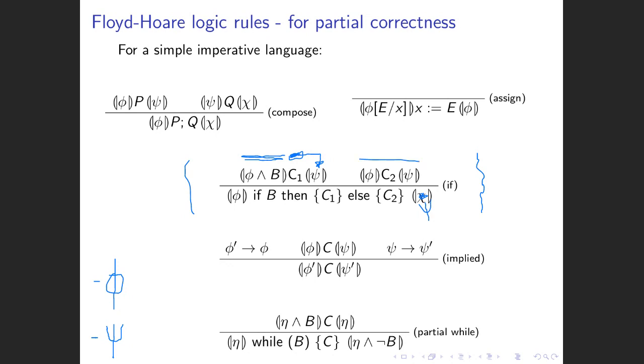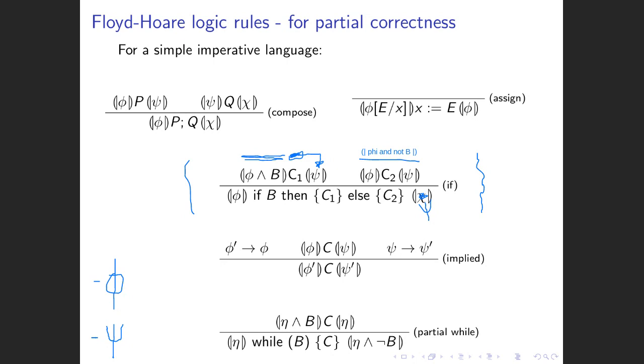So we can combine those and say that if we are in the precondition phi, which both of the inputs, the priors, what would you call them? Because I don't want to say preconditions. The priors.